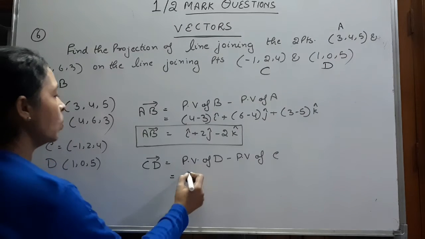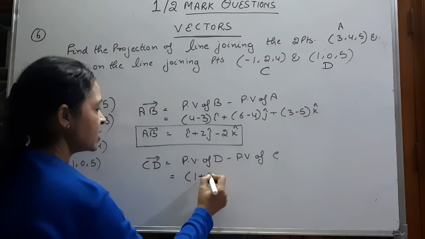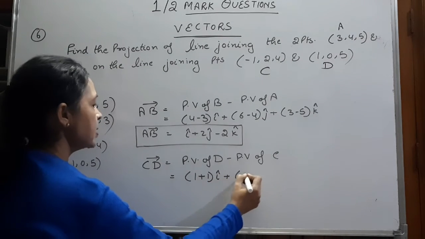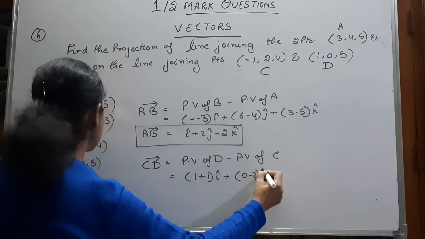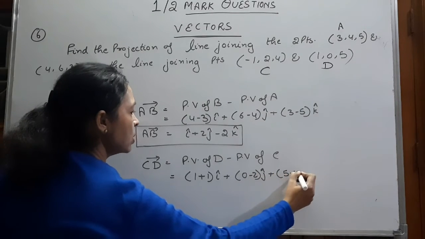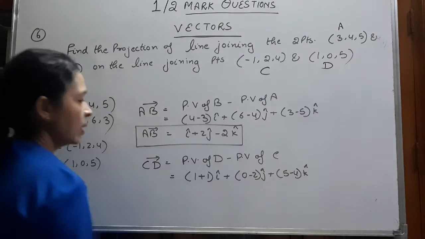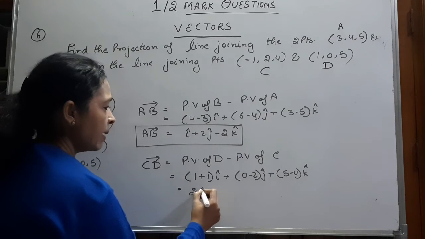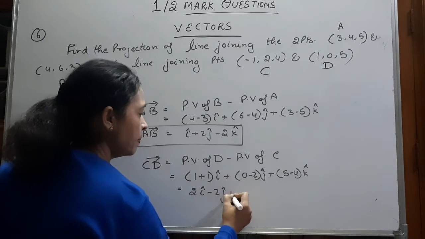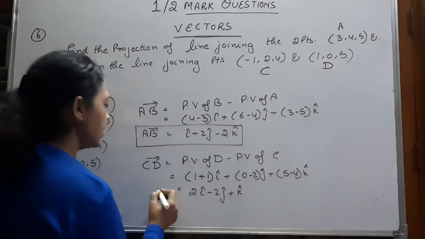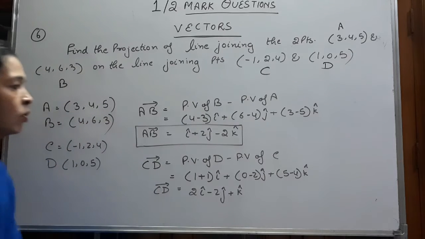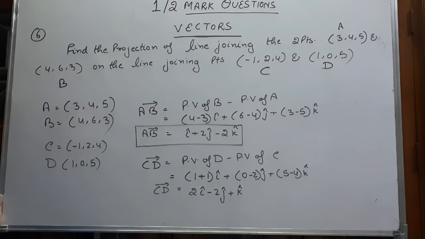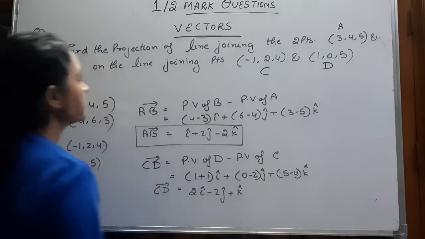Vector CD will be 1 minus minus 1, that is plus 2 i cap, plus 0 minus 2 j cap, plus 5 minus 4 k cap. This is 2 i cap minus 2 j cap plus k cap. This is vector CD. Now what do we have to find? We have to find the projection of vector AB on vector CD.